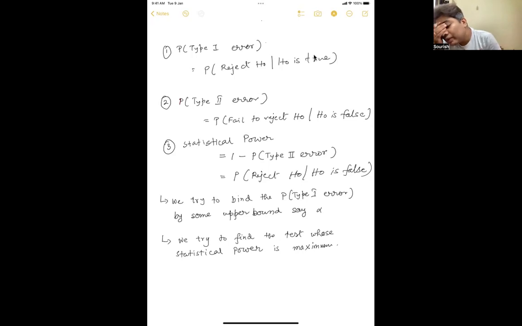Okay, this is typically what we do. Now, what I mean is find the test whose statistical power is max. So let us try to understand this concept.